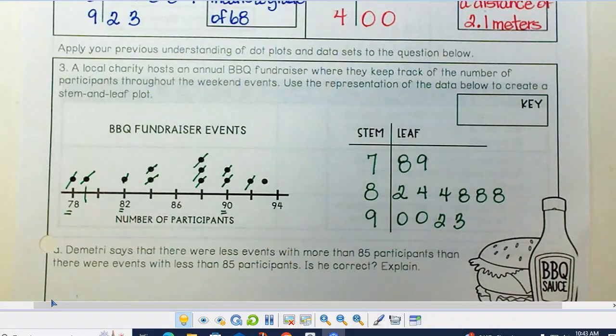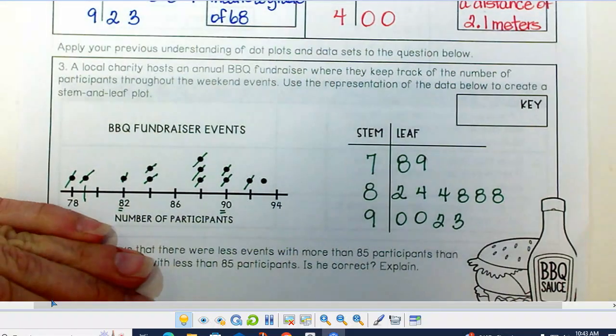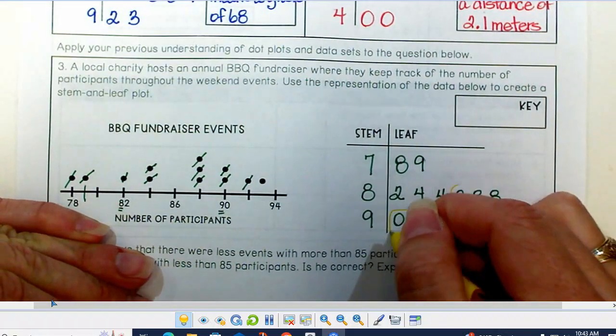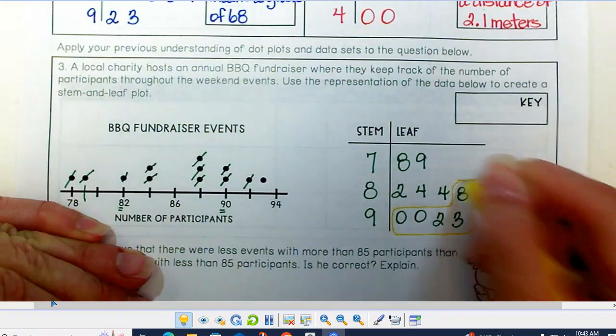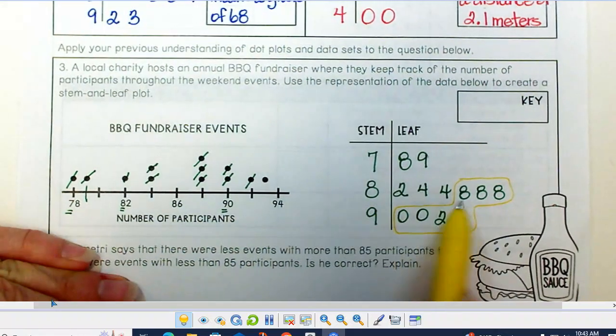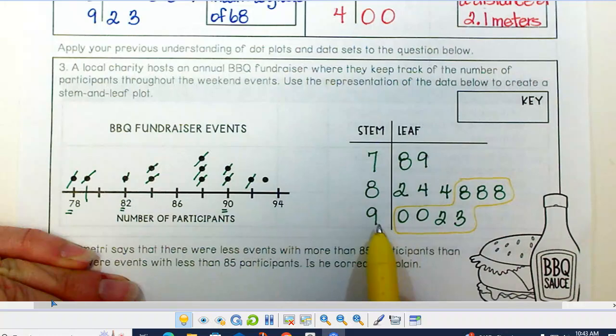Okay, so events with more than 85 participants would be 88, 88, 88, 90, 90, 92, 93.